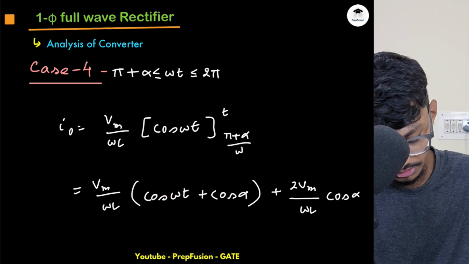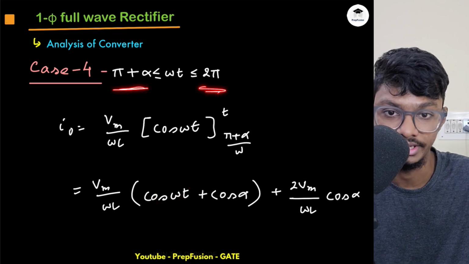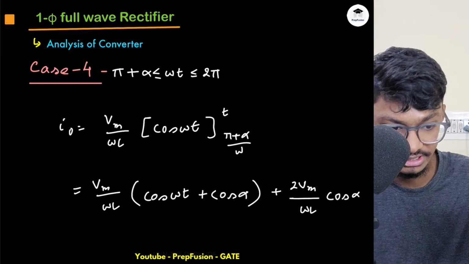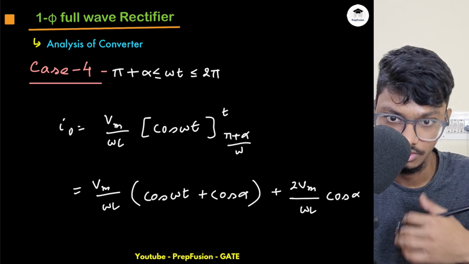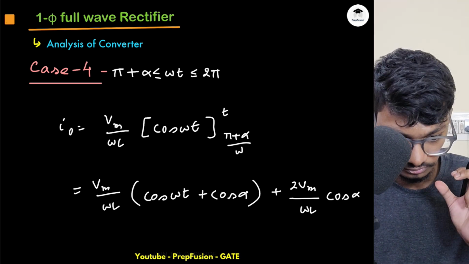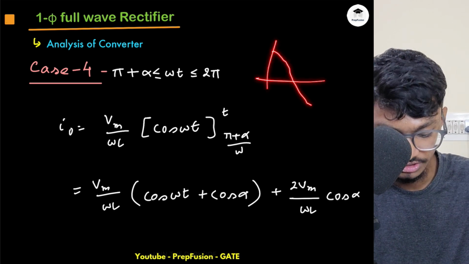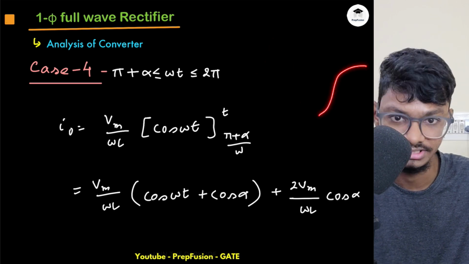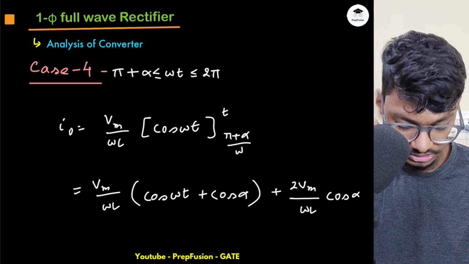In which region am I? From pi plus alpha to pi, in the second half cycle, cos actually increases. From 0 to pi, cos actually decreases. Then after this, cos keeps on increasing. So this will be the current expression.